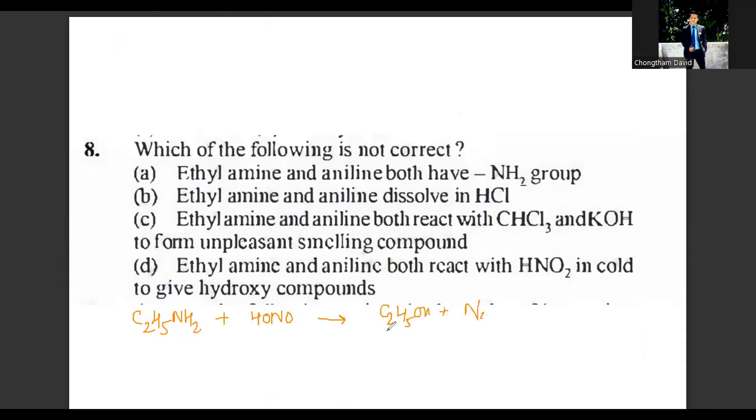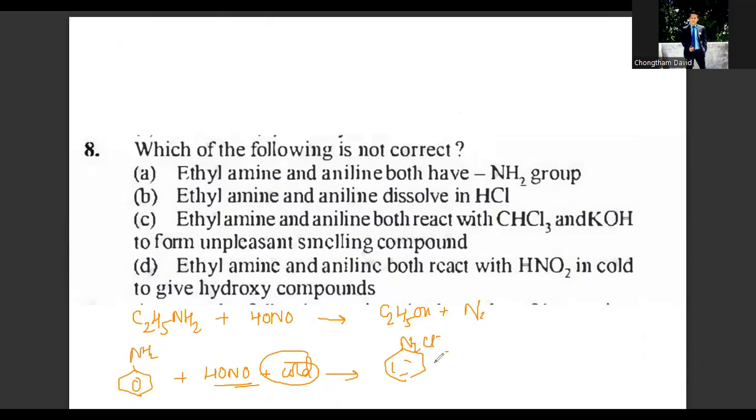Now, in the case of aromatic amines like aniline, you have a benzene ring, which is aromatic. Aromatic amines, when you treat this with nitrous acid derived from your sodium nitrite and hydrochloric acid in the cold condition, this is cold condition nitrous acid, it will form benzene diazonium chloride and a salt will be formed, N2+Cl-.